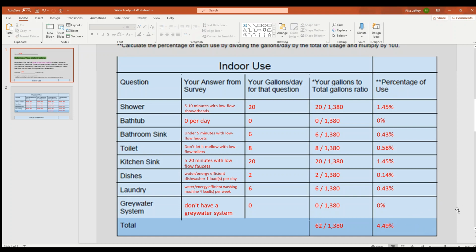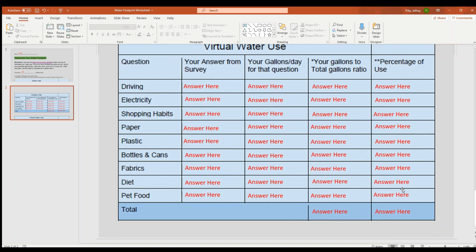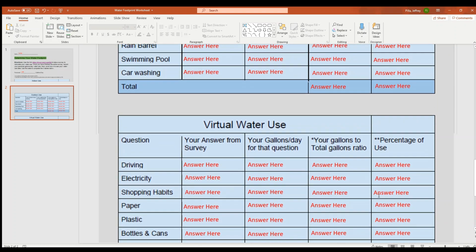The other thing I could have done was add up these numbers here, and you might not get exactly the same number because of the way you might have rounded these percentages, but you should at least get something close, okay? All right, so that's how you complete this worksheet. You're literally going to do the exact same thing for the other two tables.